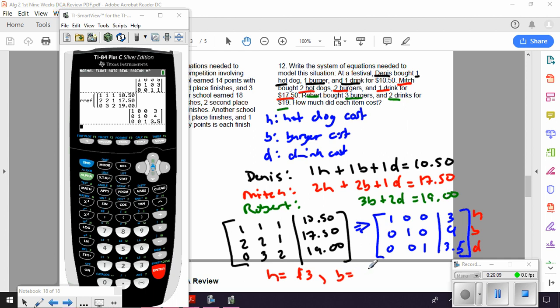A burger is equal to $4. And a drink is equal to $3.50. So that's how you make the numbers make sense and have some value and meaning behind them. Let's pause here and resume in just a moment.